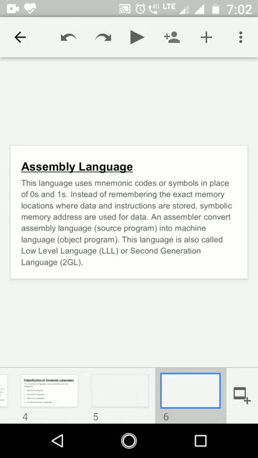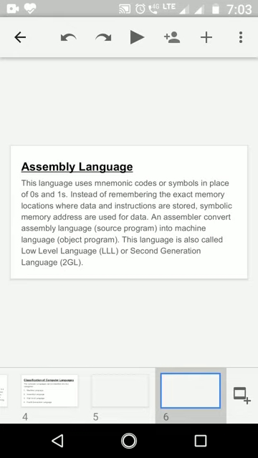The next one is assembly language. This language uses mnemonics, codes, or symbols in place of zeros and ones. Instead of remembering the exact memory location where data and instructions are stored, symbolic memory addresses were used for data. But a computer can understand only machine language.